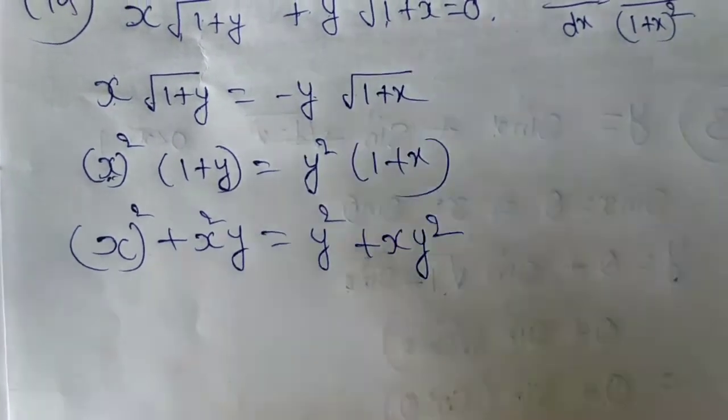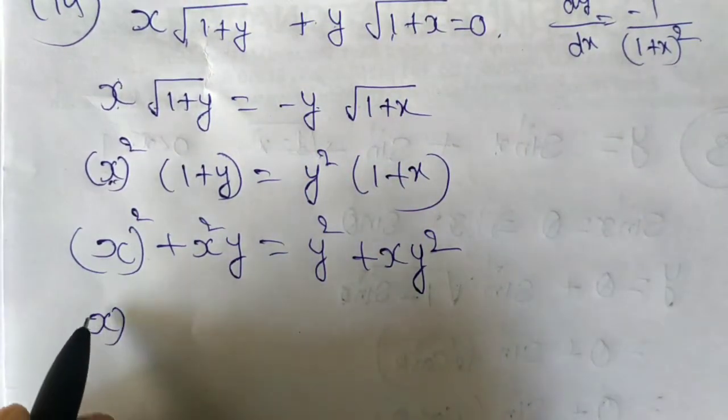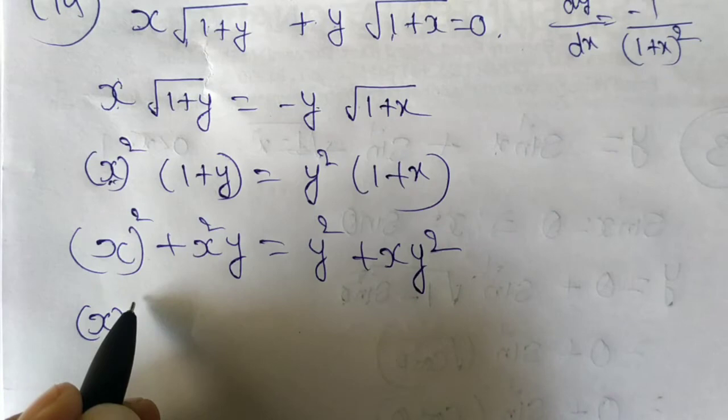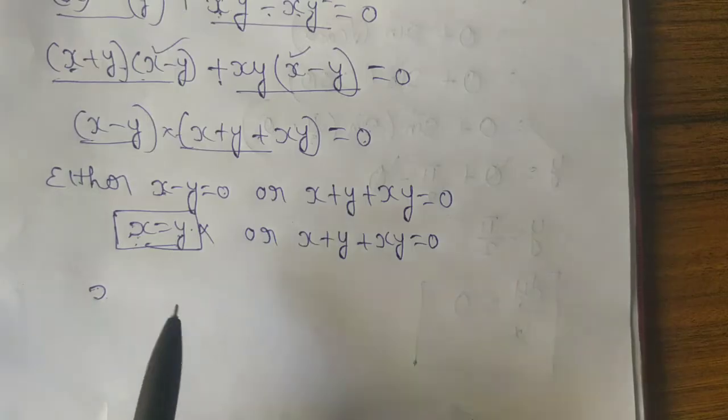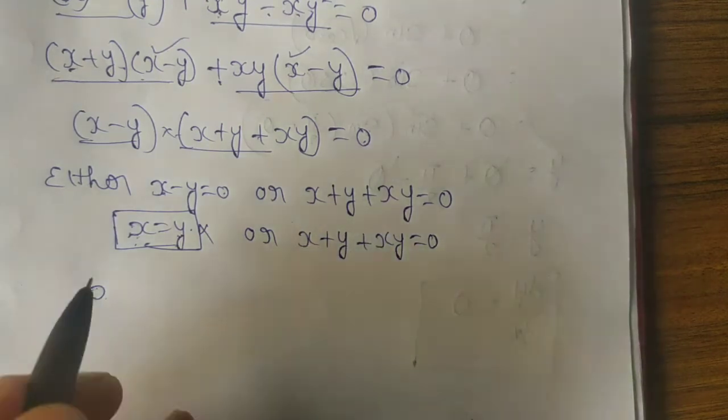Now we will transfer all the terms to the left hand side, so it is x square minus y square plus x square y minus x y square, so we will take x plus y plus xy equal to 0.